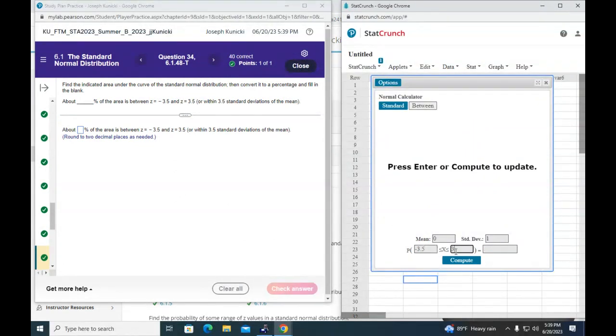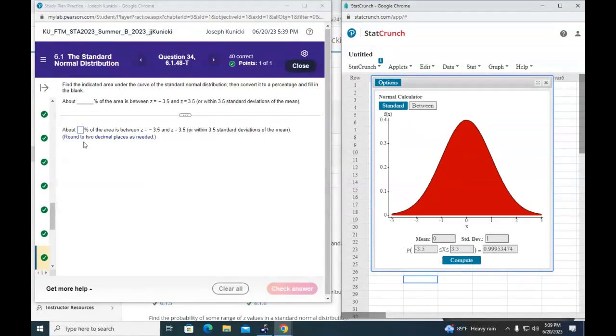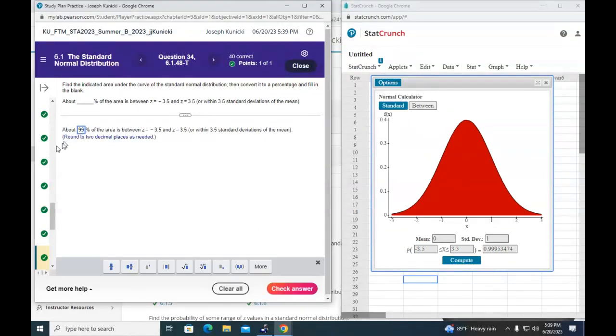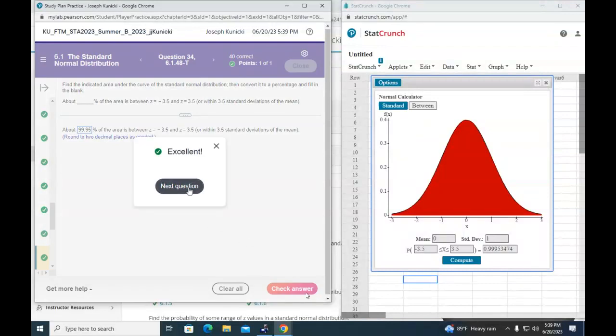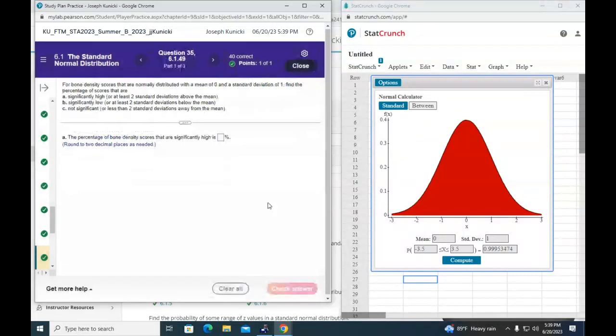That's just about everything. It's going to be just about 100%. It's 99.95%. But there are outliers. There's always little guys hanging around, pieces of data hanging out there.